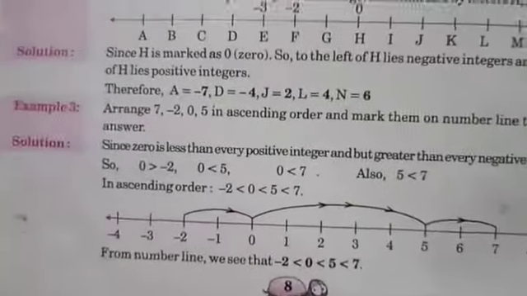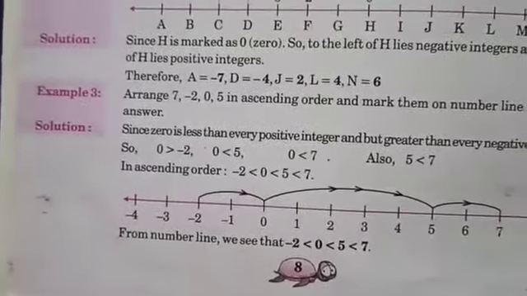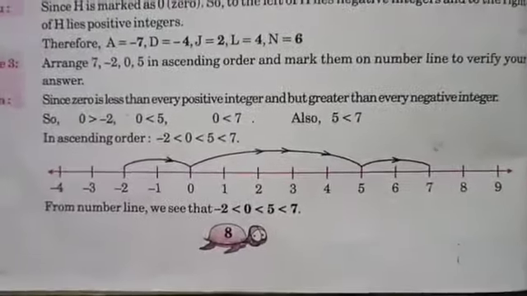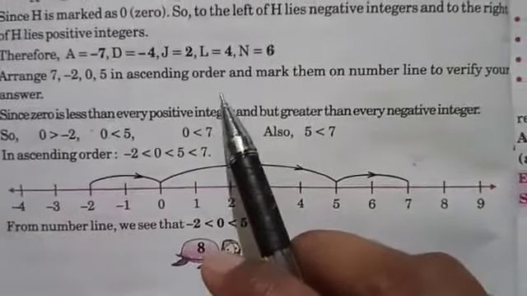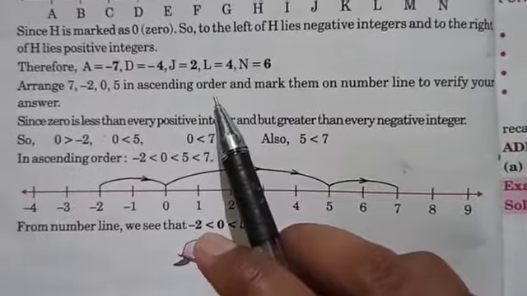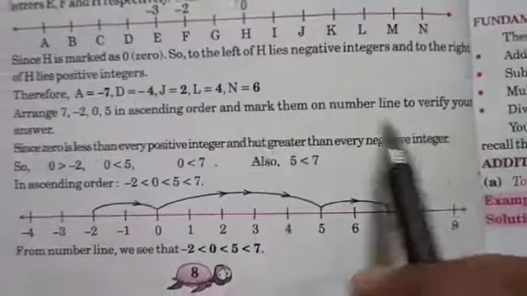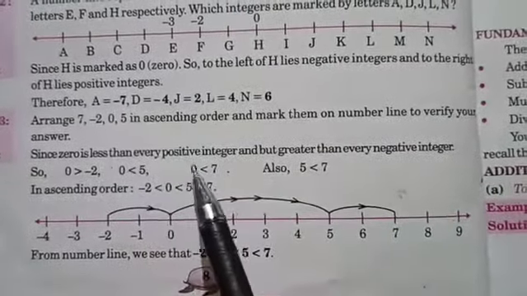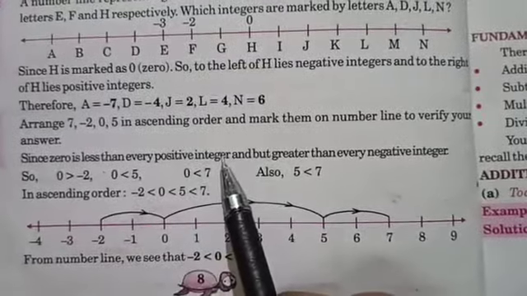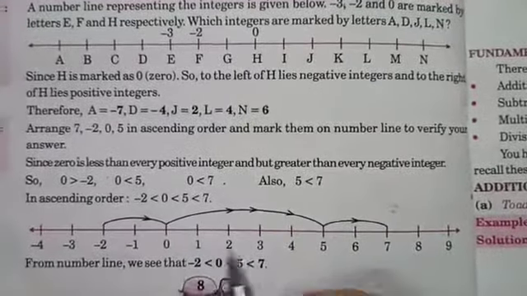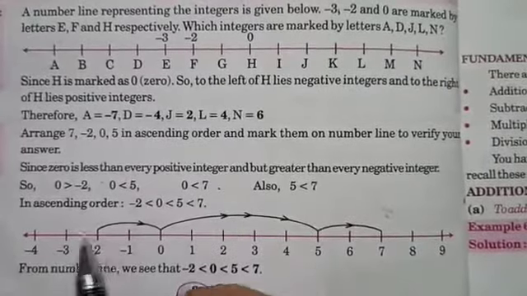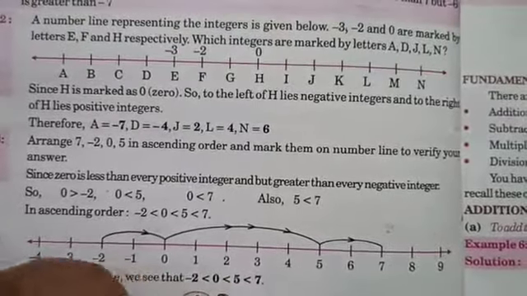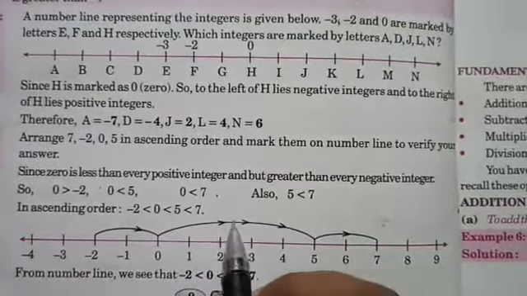Now we have to solve example number 7. Arrange 7, minus 2, 0, 5 in ascending order, means increasing order, and mark them on the number line to verify your answer. Since 0 is less than every positive integer, we all know on the number line the smaller ones are here and the greater ones here.